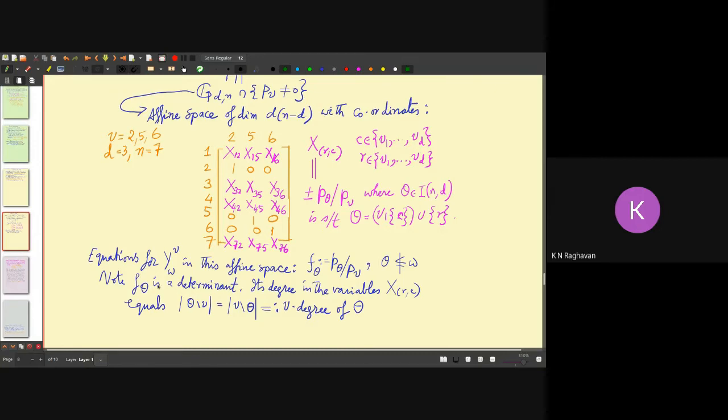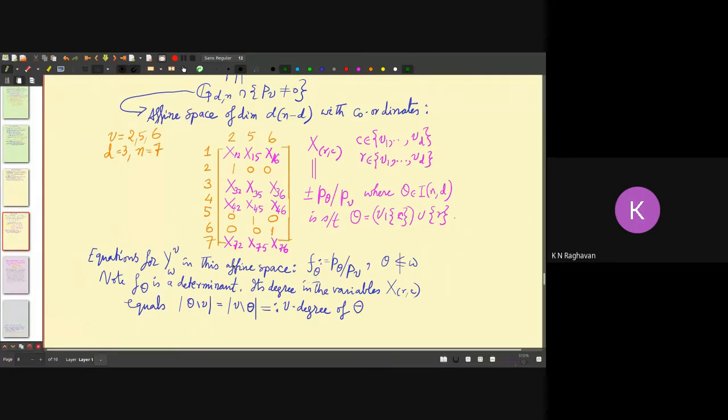Okay. So equations for this. This is, in general, a singular object sitting in this affine space, for example like our determinantal variety sitting inside the affine space. So what are the equations for this?